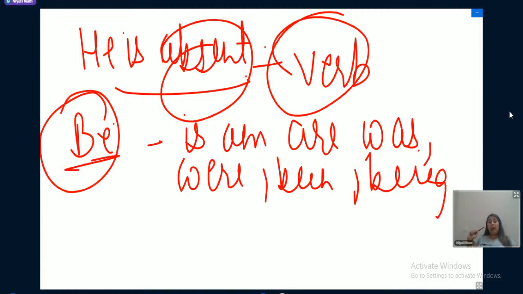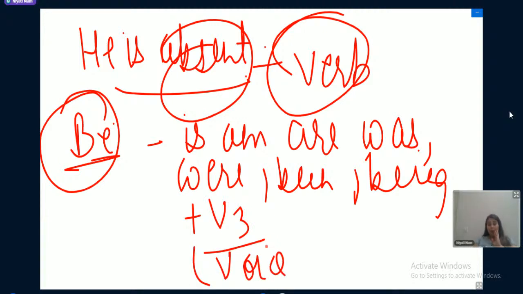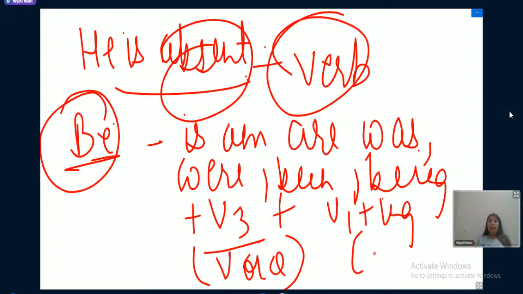After the forms of be, either the third form of verb can be used in terms of voice, or V1 plus ing, the ing form of a verb, can be used in terms of tense.